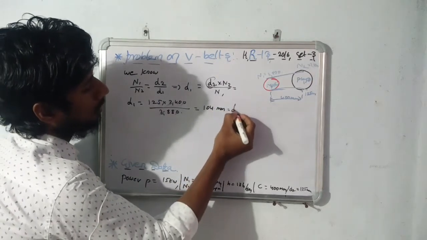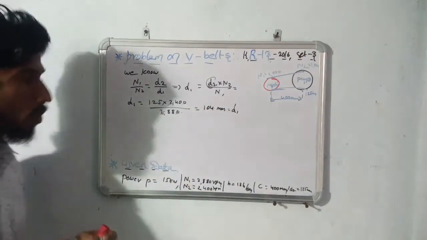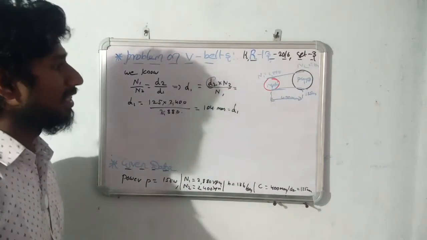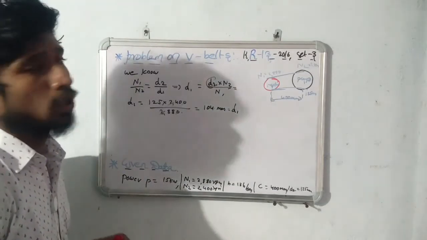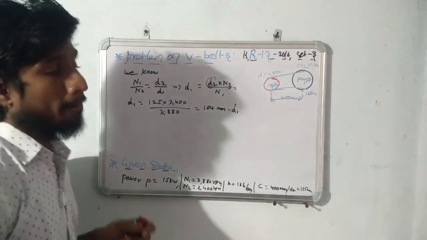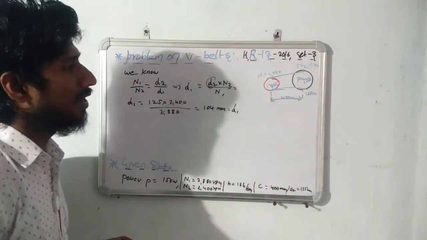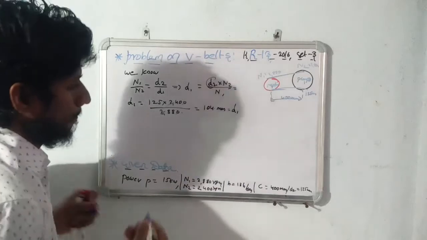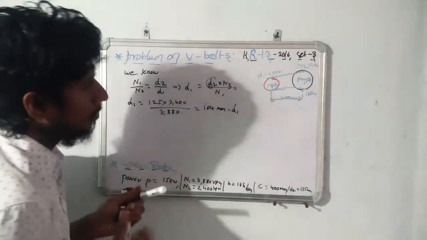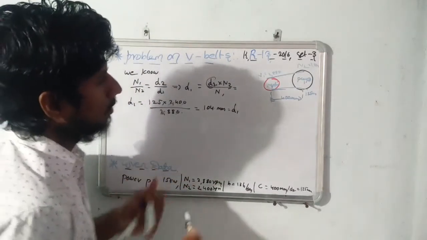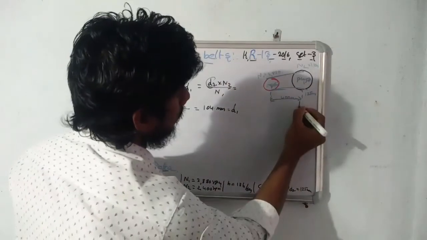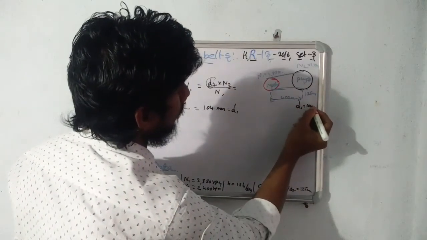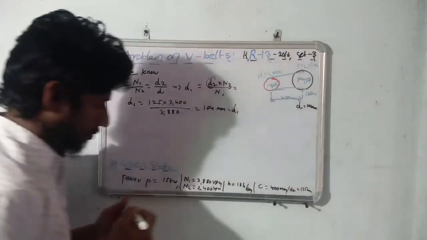So with the help of the diameter of the motor pulley and the diameter of the pump pulley, we are going to find the alpha value. So it's better to write down the obtained values here: D1 equals 104 mm.